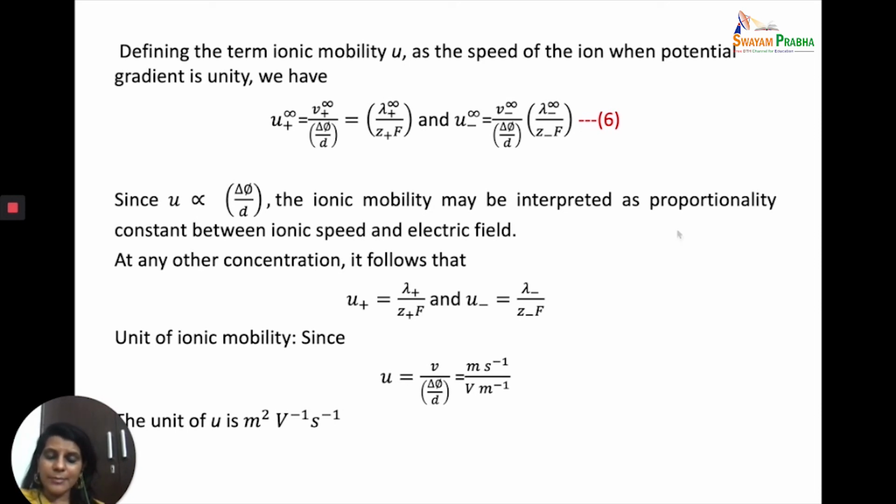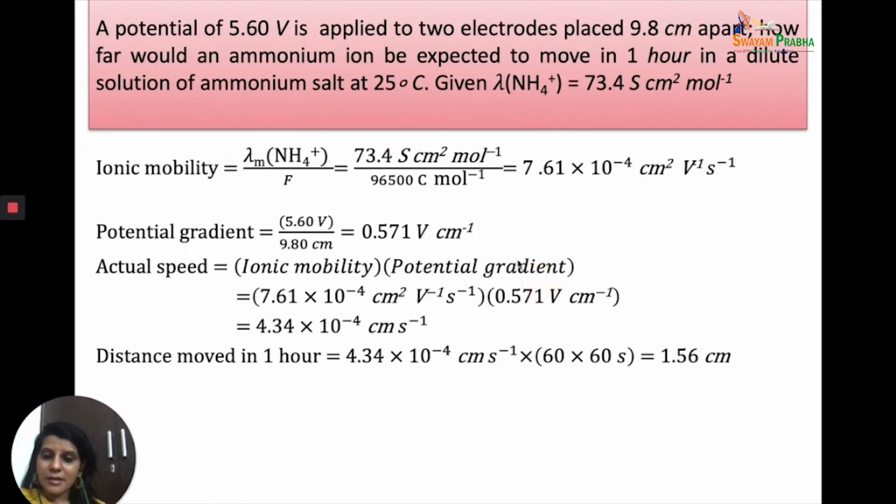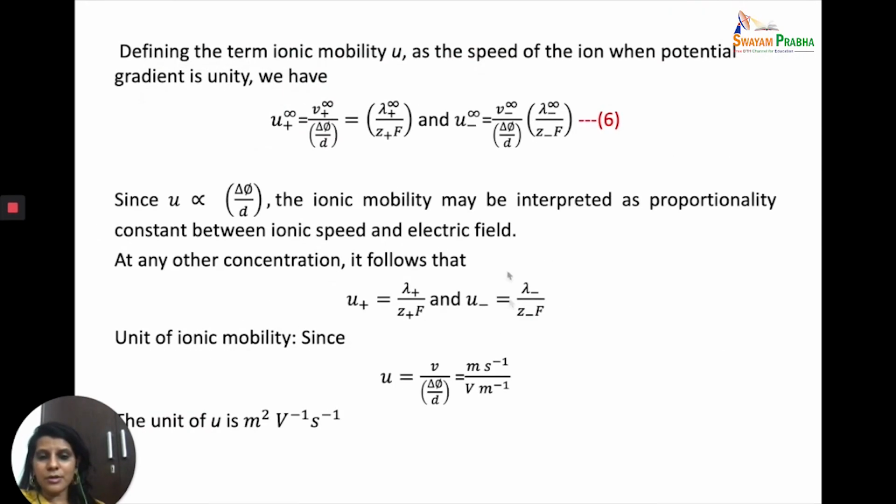So ionic mobility is related to molar ionic conductivity through this equation. The units we have already said are meter square per volt per second, because they depend upon speed upon potential gradient.